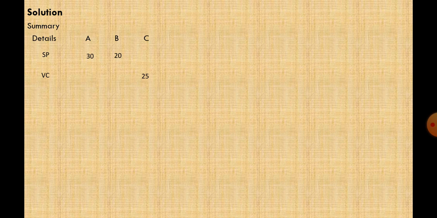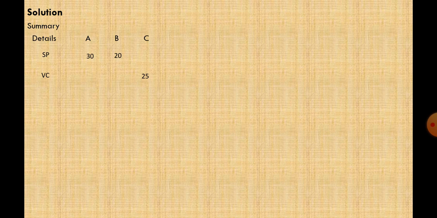With this information, we can now compute further from the values that we are given. In Roman 2, we are told that product A and product B have a variable cost to sales ratio of 40%.